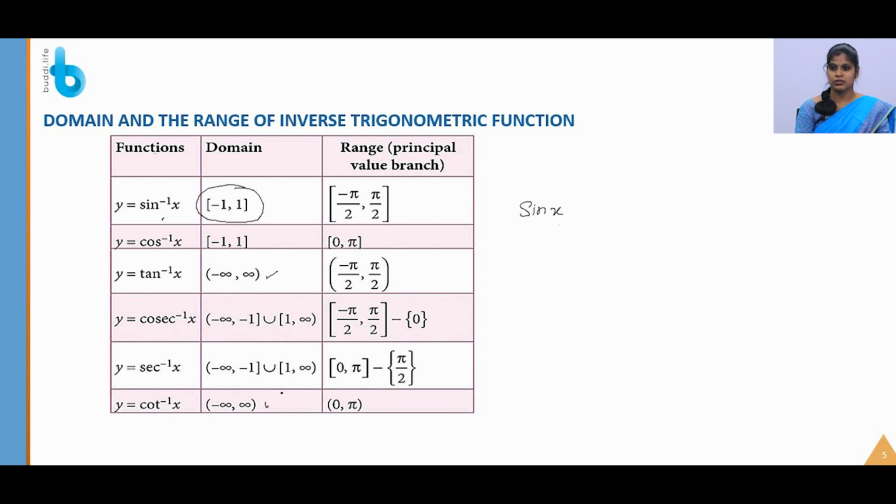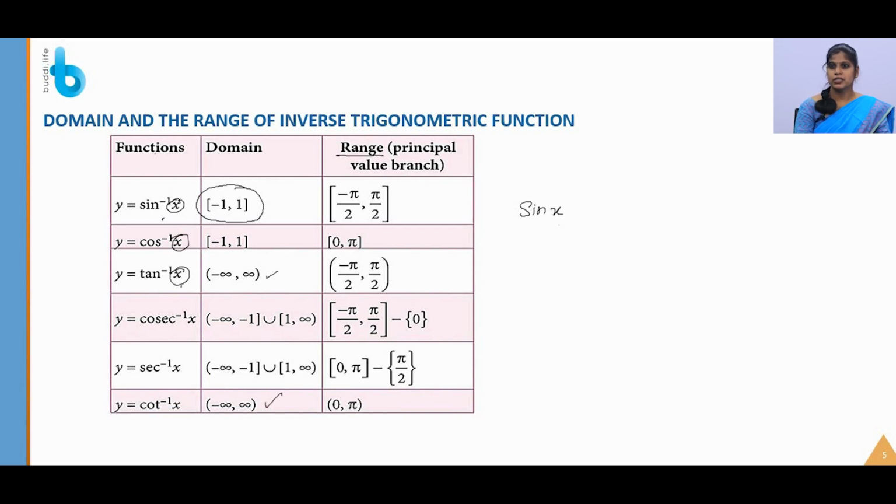So here, its range becomes the domain, and the function, that is the codomain, for the same functions are minus pi by 2 comma pi by 2. See the range, it's nothing but the theta values.